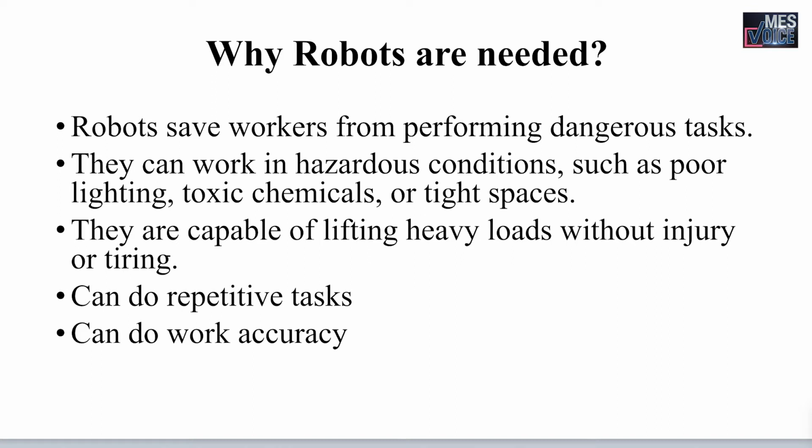Moreover, they can work in hazardous conditions such as poor lighting, toxic chemicals or in tight spaces. They are able to lift heavy loads without being injured or tired. Robots can do repetitive tasks around the clock without any error or tiredness. Moreover, robots can perform their tasks accurately.